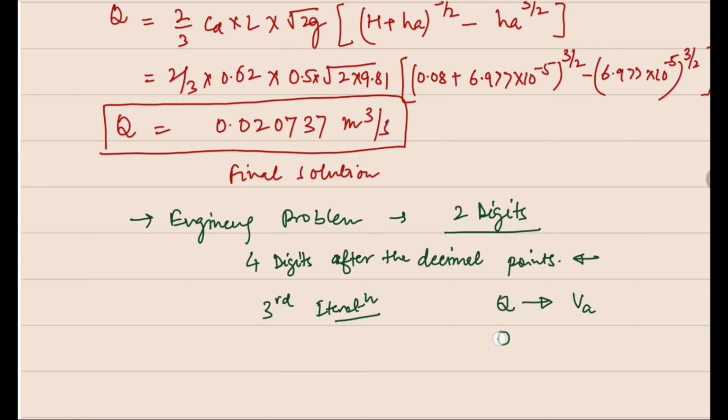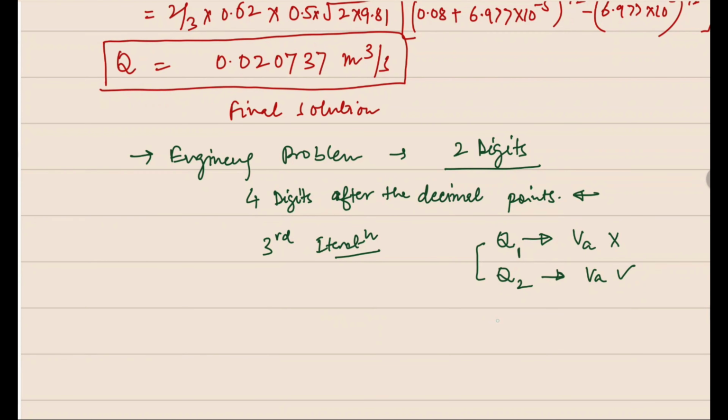However, once you are going for the second iteration, this is your first, this is your second iteration, now VA is over there. So definitely these two values will be different. Once you are using the iteration for the second time, again VA is involved, then most probably you will see that Q2 and Q3 values will be almost same.